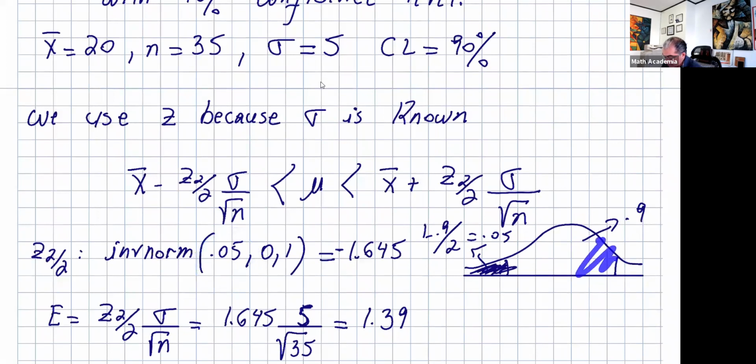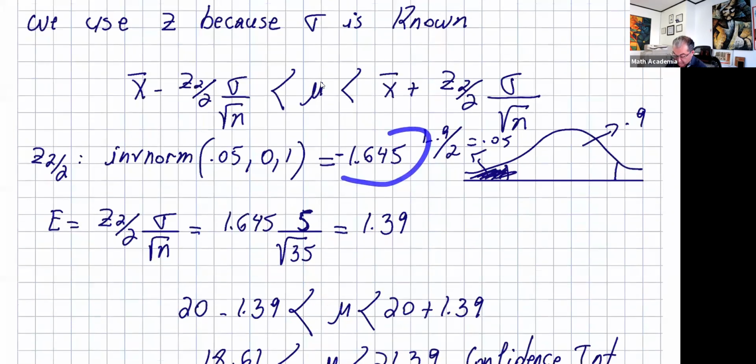We know 90% is right here. Same thing, we have to find the area in the tail. 1 minus 0.9 divided by 2 is 0.05. And as I told you, for this one, we use negative 1.645. The calculator is going to give you negative 1.644. So then we can calculate the margin of error.